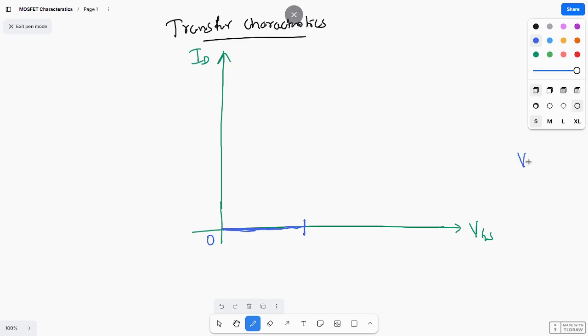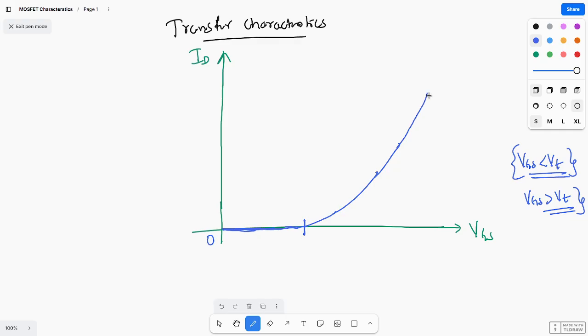So as VGS is less than VT, there is no channel formation. A weak inversion layer is forming, but there is no channel formation. When VGS is greater than VT, as we already discussed, a strong inversion layer will be formed and the channel will be formed. So it will increase like this. Again here you will get the linear region, non-linear region.